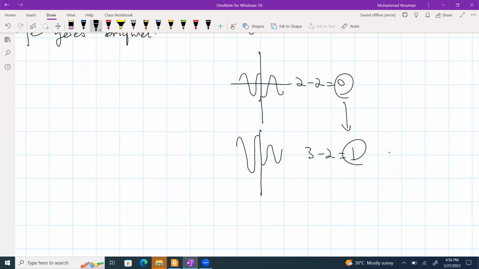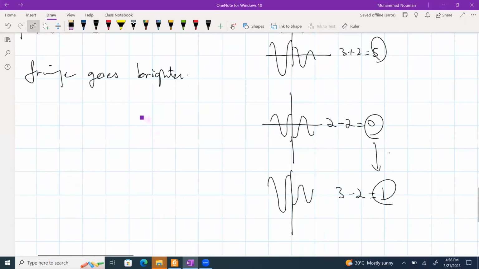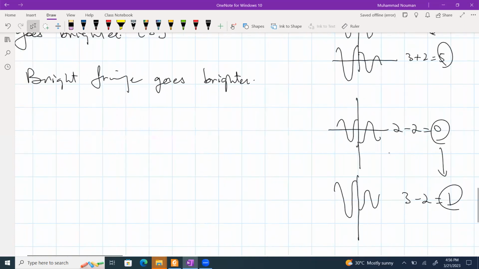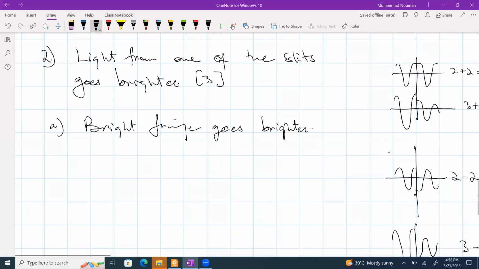Do you think dark fringe remains same, or it will change in its appearance? It will change, become a bit brighter. Okay, perfect. Because previously we were getting zero resultant displacement, right? Now we are not getting zero resultant displacement. Some displacement or other is seen here. So we can say that the dark fringe goes brighter.